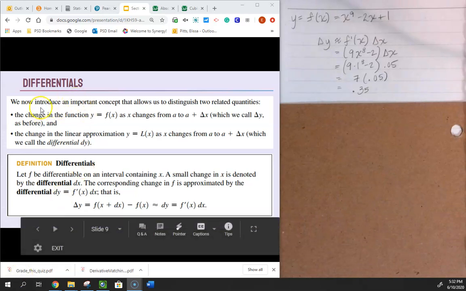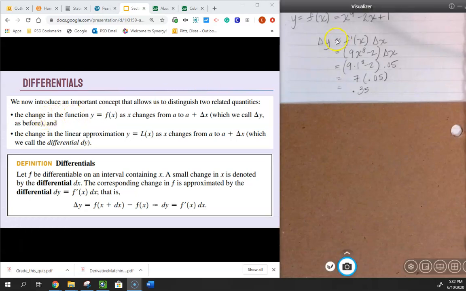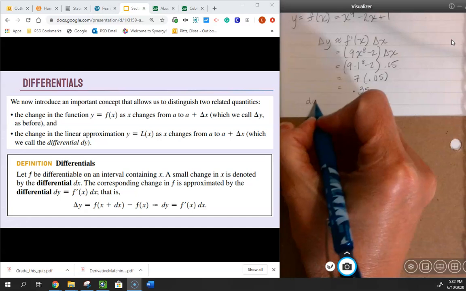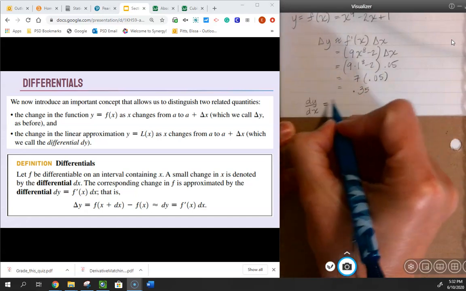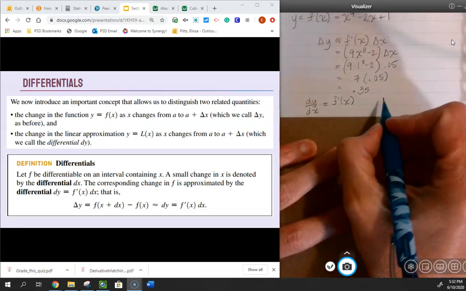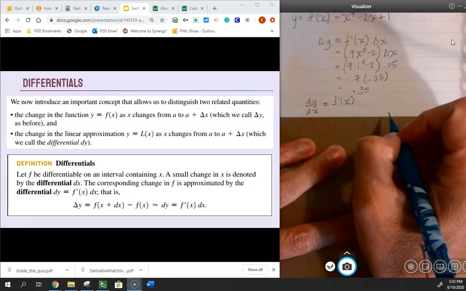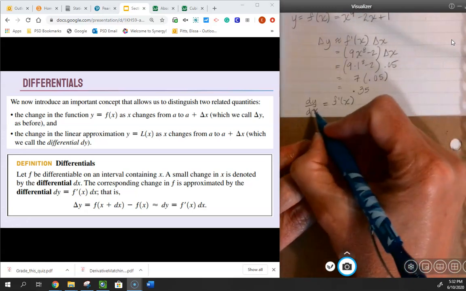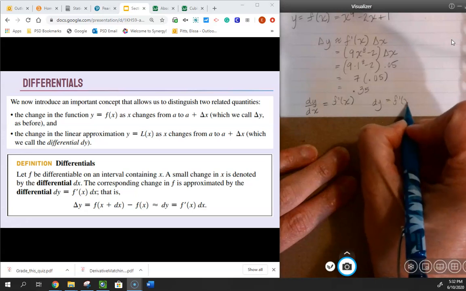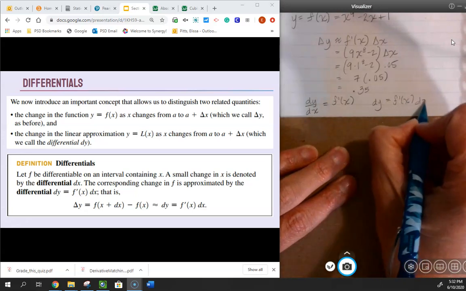And so this idea of a differential is trying to describe this. Instead of calling this delta y is approximately equal to f prime of x delta x, we are looking at something that looks like, and a terminology that we've already used is that dy dx is a terminology that we have used to describe a derivative. And basically what happens, which is where the mathematical rigor part is a little bit hand-wavy, is it's like we are multiplying by dx on both sides, and we get dy equals f prime of x dx.